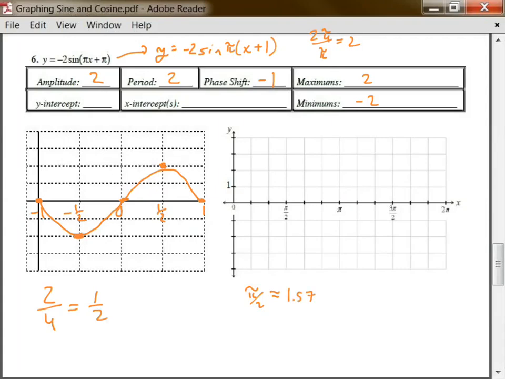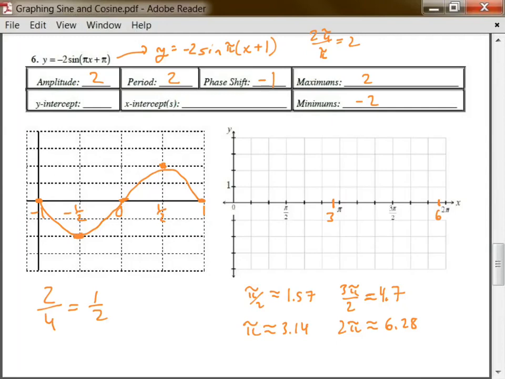1.57, now you have an idea of what this number is, and you have an idea of where the 1 might be, and then bam, there's the rest of them. So we approximately know what all these are. That means the 3 is approximately right there, because this is about 3.14. 2 pi is 6.28, so that is going to be about, actually probably a little less than that, maybe right there is going to be our 6.